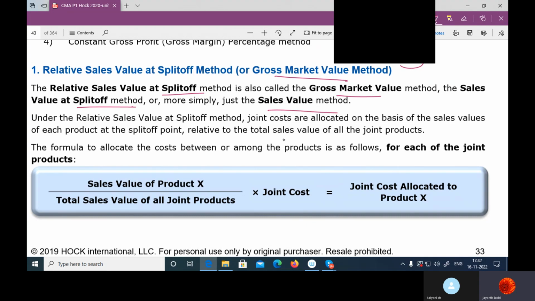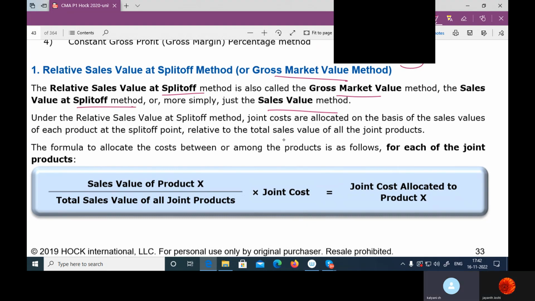At that point, what is the value you can get for that product is what you are looking at. Whatever the two products have come, you are checking the value at which it can be sold in the market.